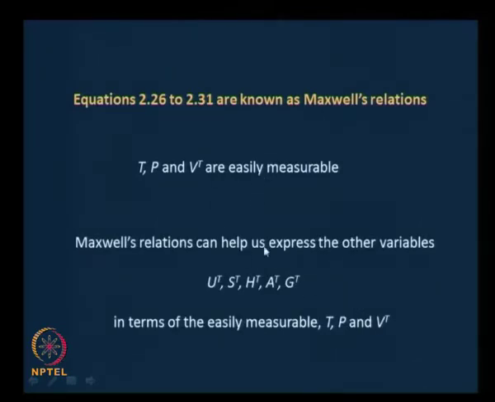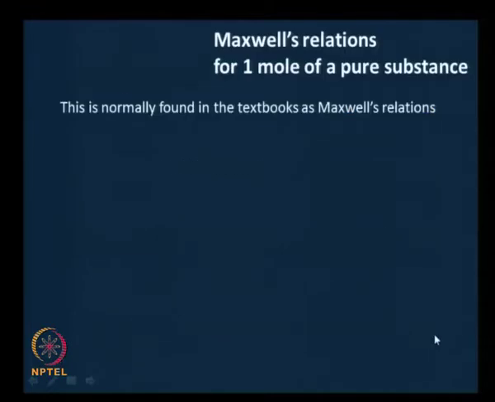This is what I just mentioned. We could represent Ut, St, Ht, At, Gt, which are not so easily measurable, in terms of T, P and Vt, which are easily measurable, by using these Maxwell's relations.